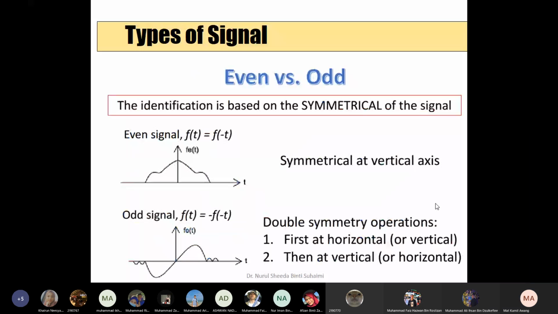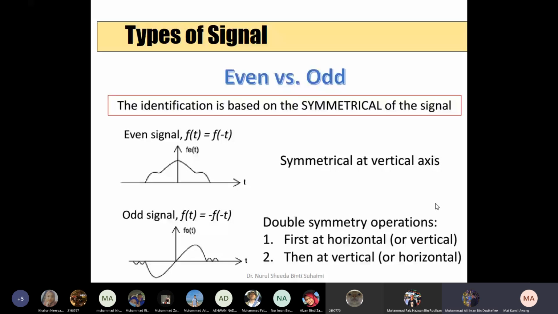The last one is whether the signal is even or odd. In order to identify whether the signal is even or odd, you look at the symmetry of the signal. If it's symmetric with respect to the vertical axis, then it is an even signal. The property of a symmetrical signal is that f of t is equal to f of minus t.